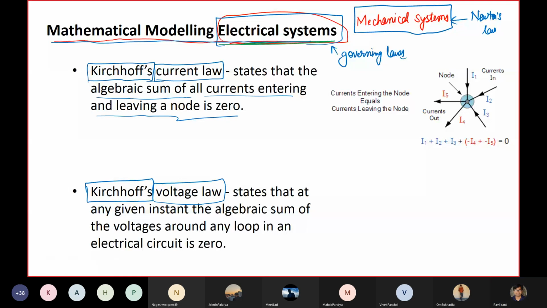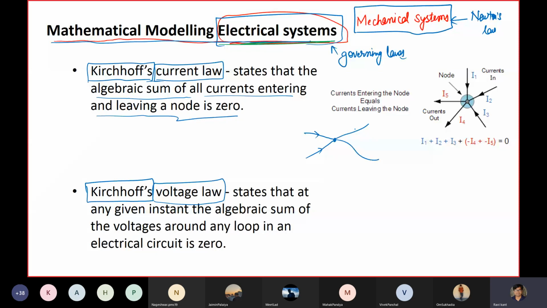What does it mean? Let's suppose you have a junction and two wires are connected and the current is flowing through it, and after the junction the wires go across like this.